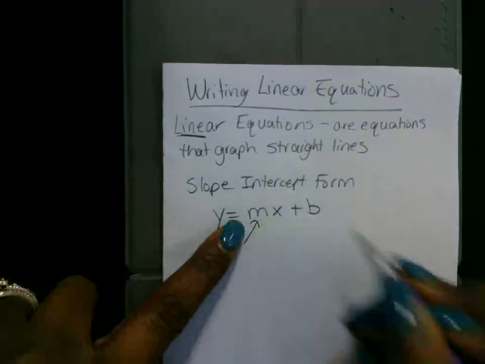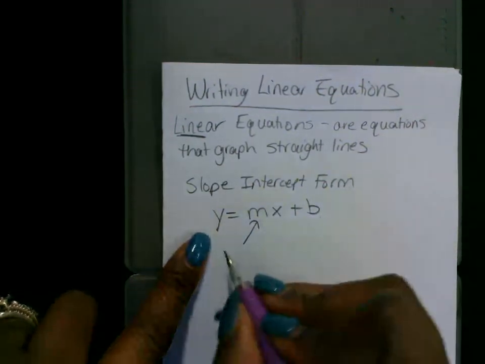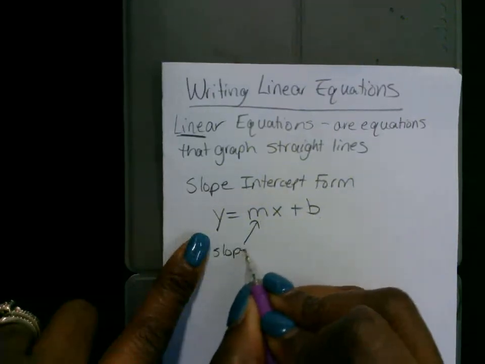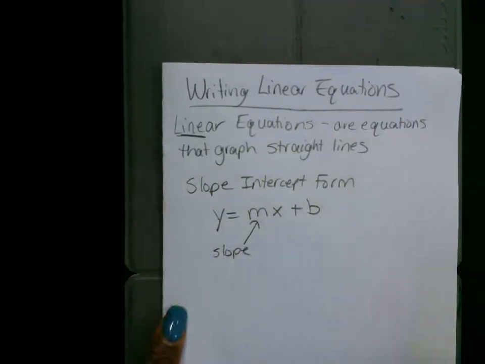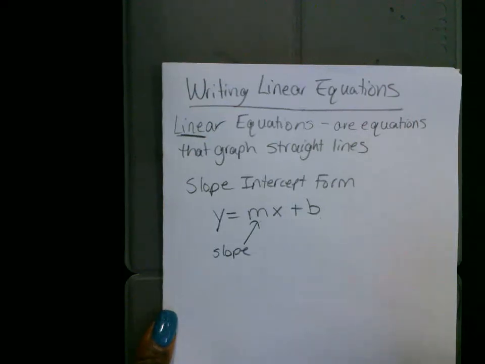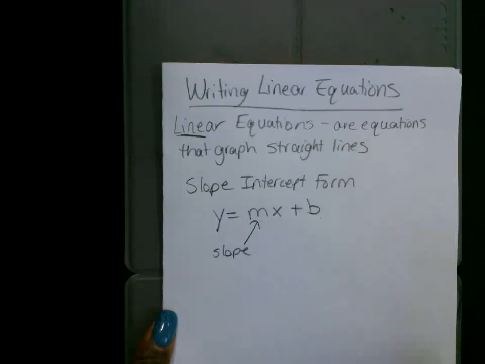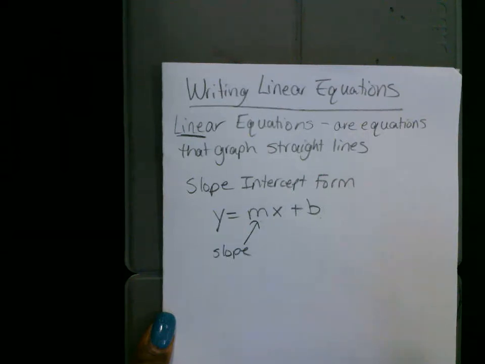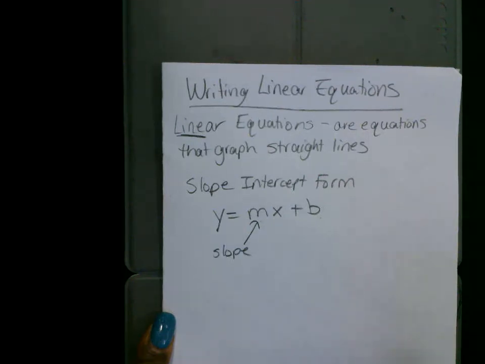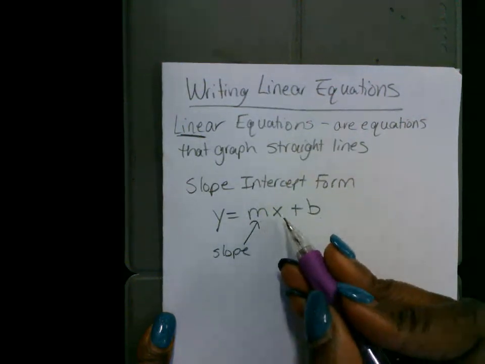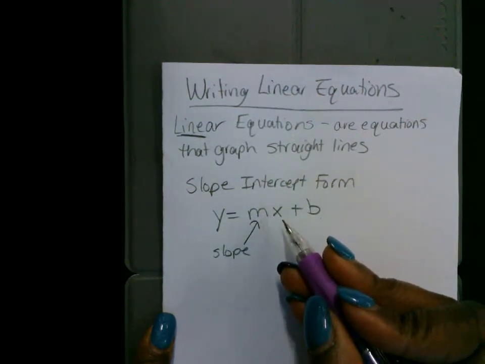This m, or the number that's attached to the x, is called the slope. Remember, we wrote the definition for a slope, which is the steepness of a line. We have two formulas for slope: rise over run, and y2 minus y1 over x2 minus x1. The slope is attached to the x.